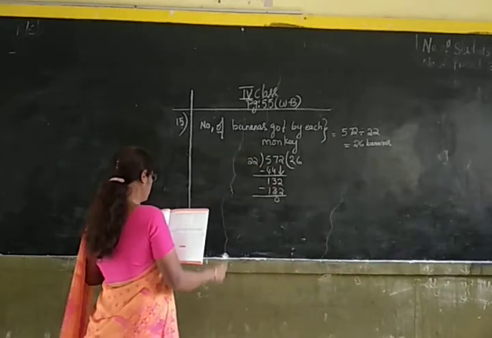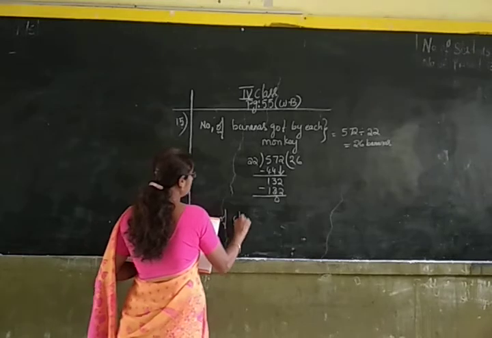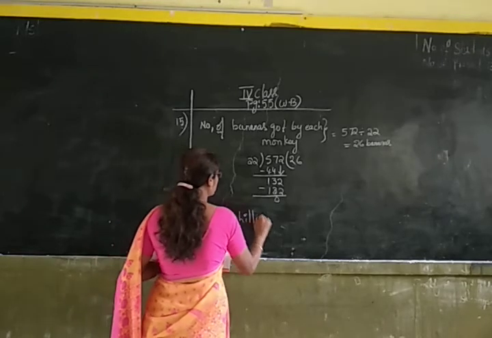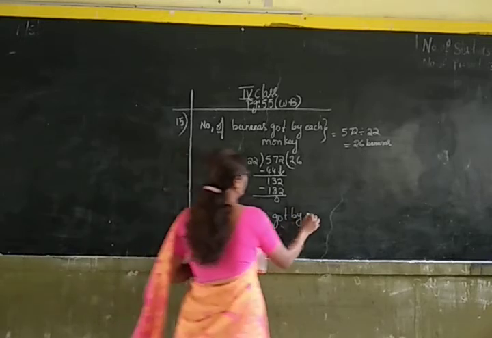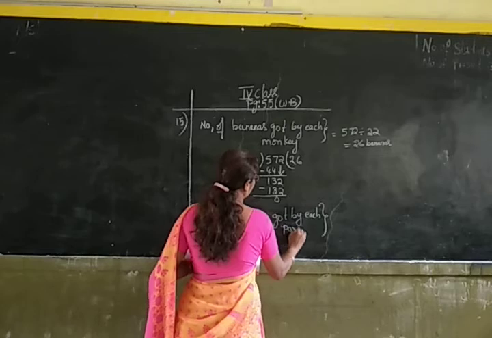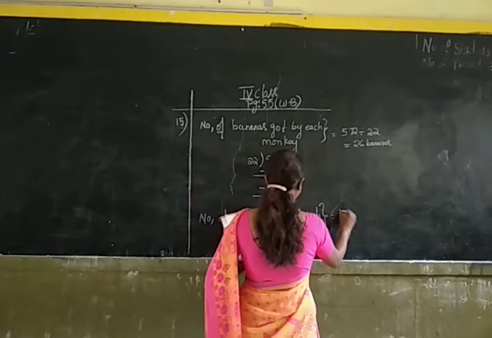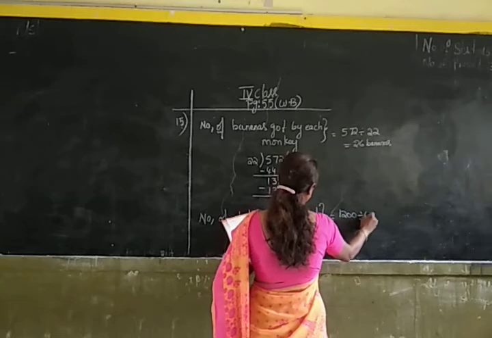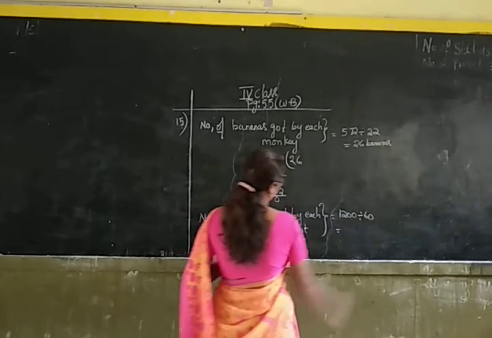Now we have to find out how many chilies will each parrot get. Number of chilies got by each parrot. You have to divide 1200 by 60.